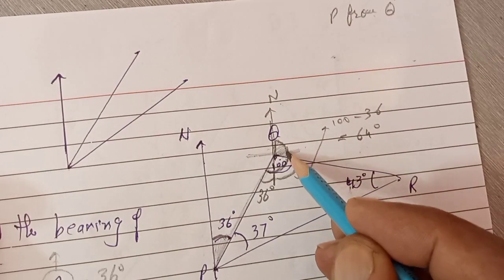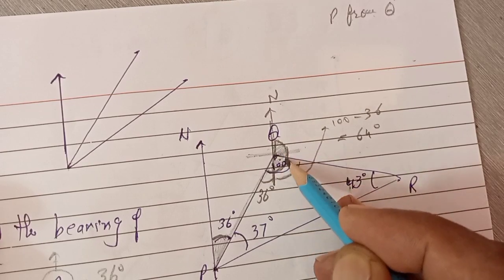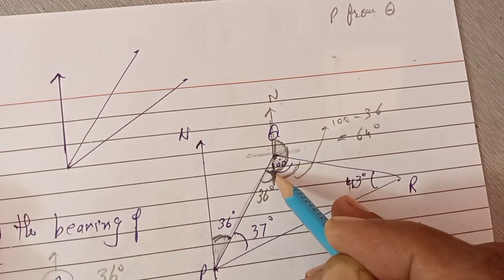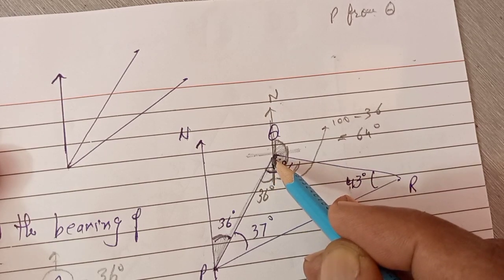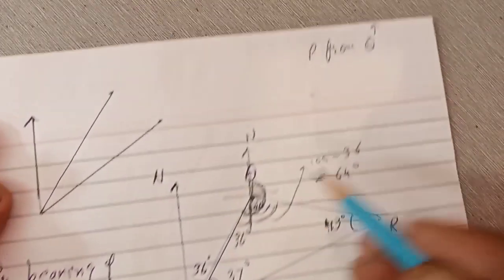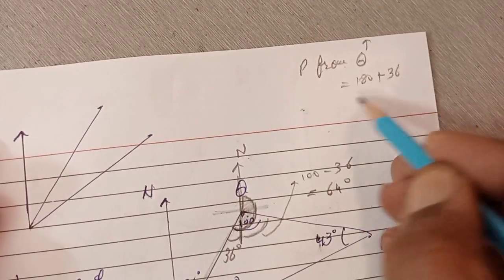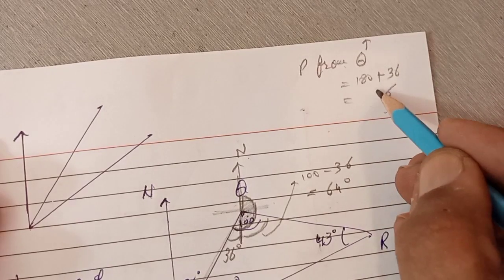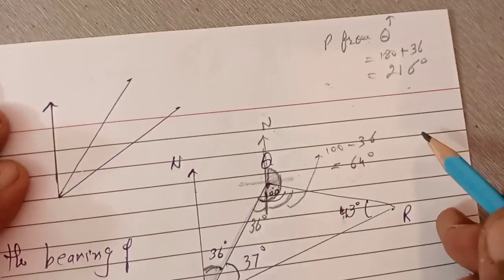But if we move over here, how much is this angle? This is 180. Then move 36 further, and in this way we get the bearing of P from Q. So you have to add 180 and 36. So this is the bearing of P from Q.